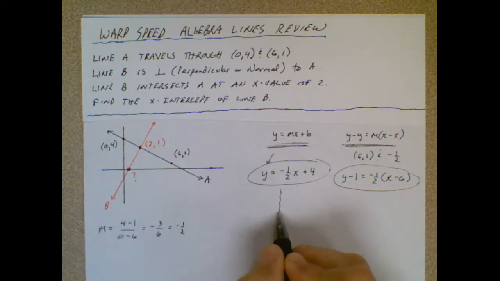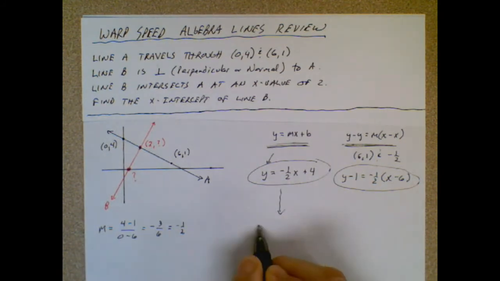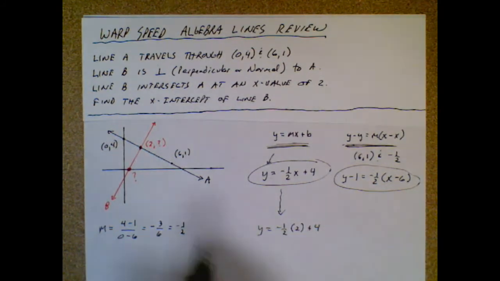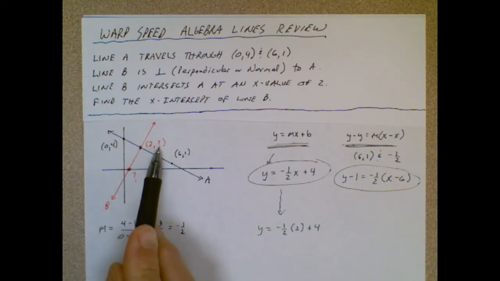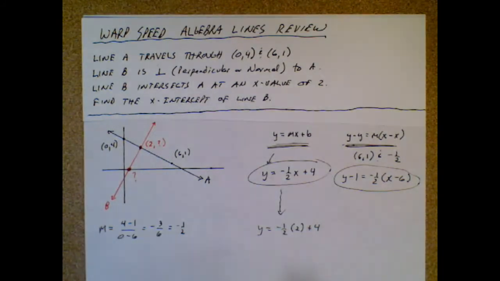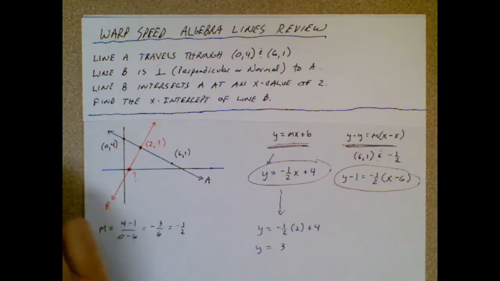I'm going to opt to use this equation of the line, and I want a y value, and I know the x value is 2. Plug in x equals 2, spit out a y value. A little mental math here: y equals 3. So now I know the intersection point is 2, 3.